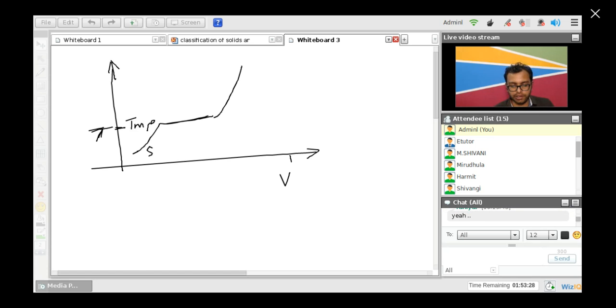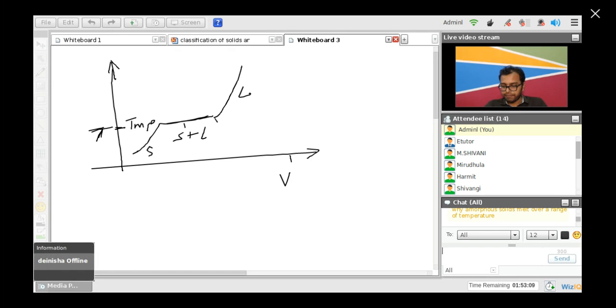At this point, there will be presence of solid and liquid both, and above the melting point, you will observe liquid state, right? So this is the graph corresponding to conversion of state in case of crystalline solid, right?